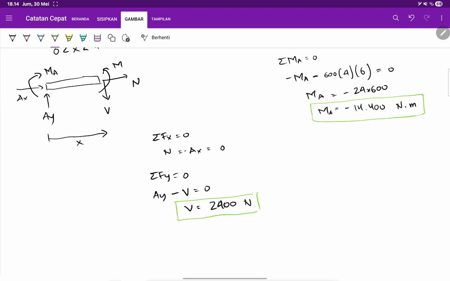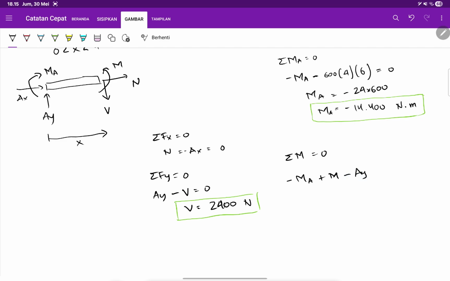And then sigma moment at the section endpoint equals 0. So you have this minus MA, and then you have plus M, and then you have this AY. AY is also clockwise, so it's negative, right?